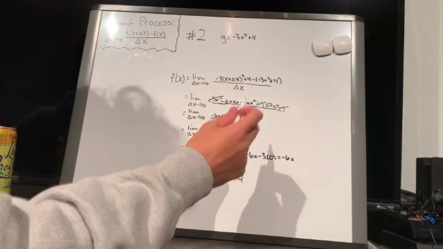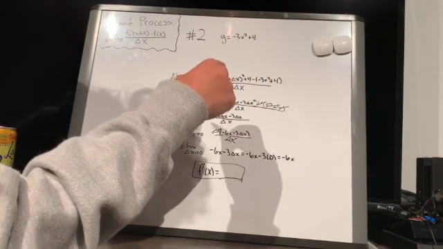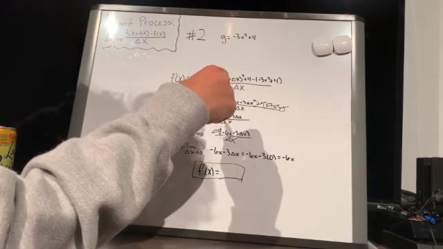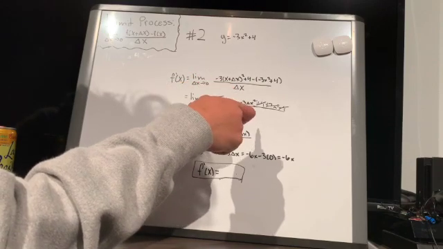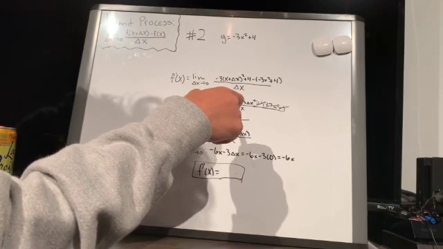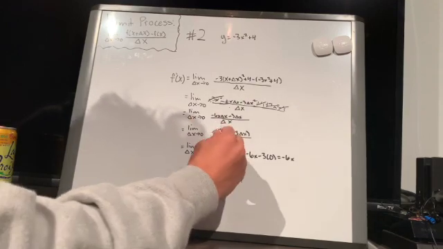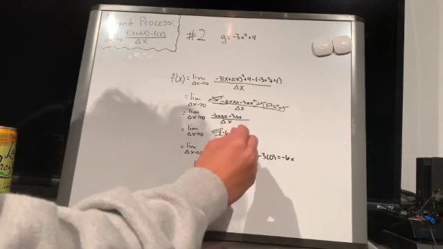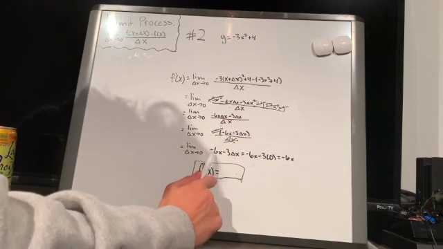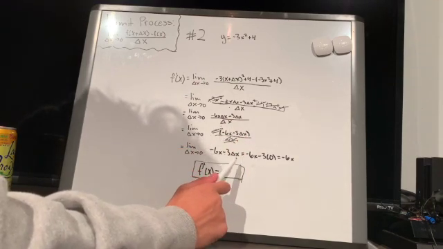And from there we bring out whatever remainder, which is negative 6x delta x minus 3 delta x squared all over delta x. So we can take out another delta x and cancel, which will leave us with negative 6x minus 3 delta x.